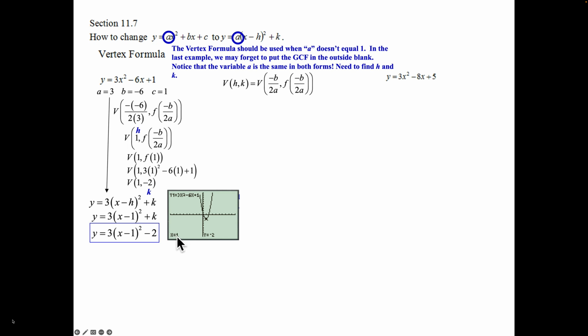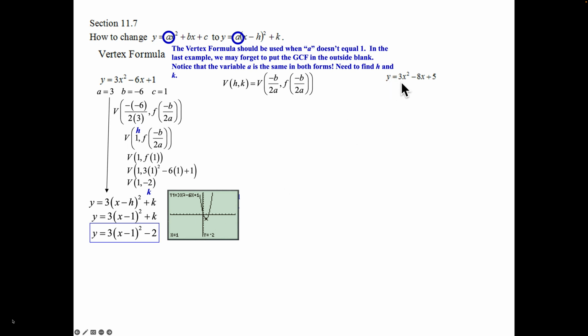You'll probably see a 0 and a 1 here. Once you hit trace, type in a 1, enter, and your cursor better be flashing at the vertex of your parabola. If it is, then there's your k value, negative 2. So there's your h, boom, x minus 1. There's your k, minus 2. Remember that x minus h is always a change of signs.